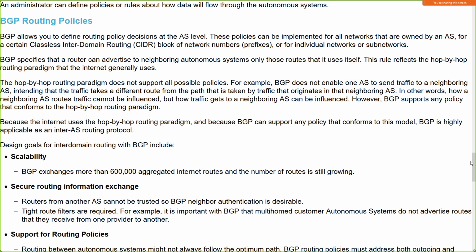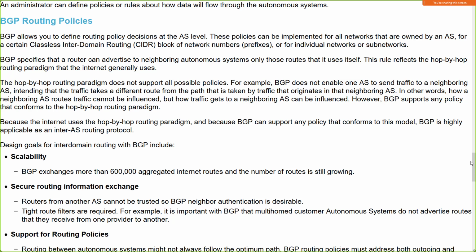So once I send my traffic to you, you're making independent policy decisions on how you route, separate from whatever decisions I would have made. All right? In other words, I cannot influence how traffic in a neighboring AS gets routed.